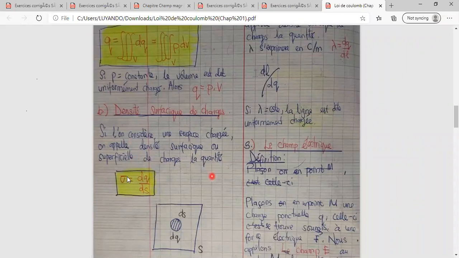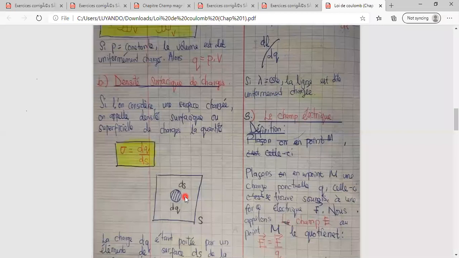So this is our representation symbol, like rho. I'll get back to you on what they call it. This symbol is equal to dq over ds, with ds representing our surface area.